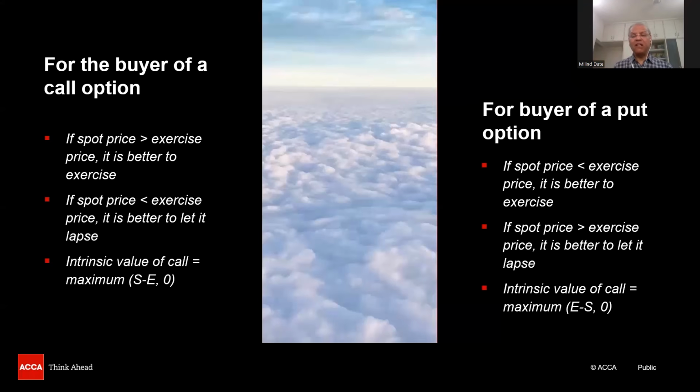And the premium that has to be charged for an option will be, of course, decided by the market based on variables in the option contract. Two of those variables we have already talked about, spot and exercise.